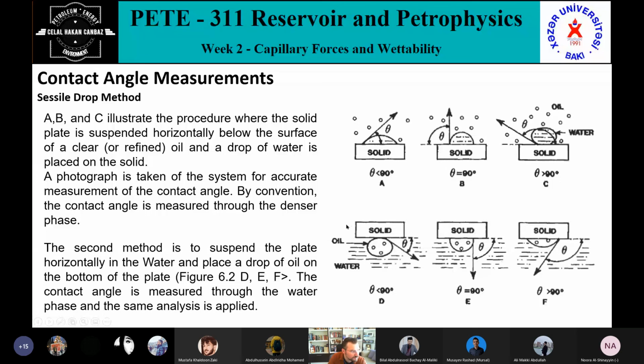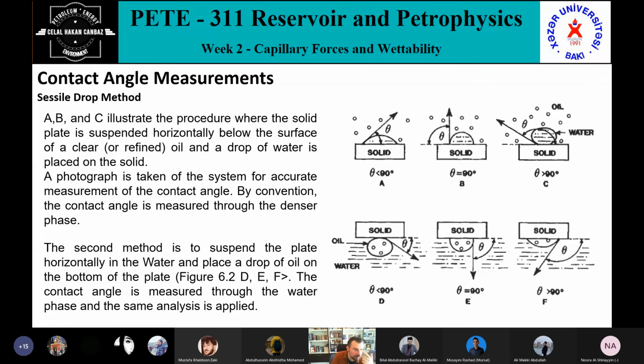In another one, you suspend the plate horizontally in the water and place a drop of oil on the bottom of the plate. You make your observation and record your data. The same analysis applies, and the contact angle is measured through the water phase. Both of these are sessile drop methods.